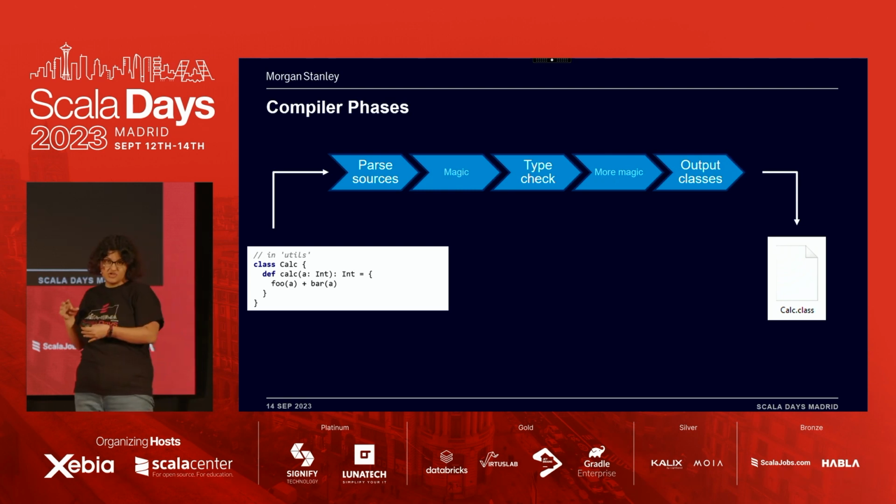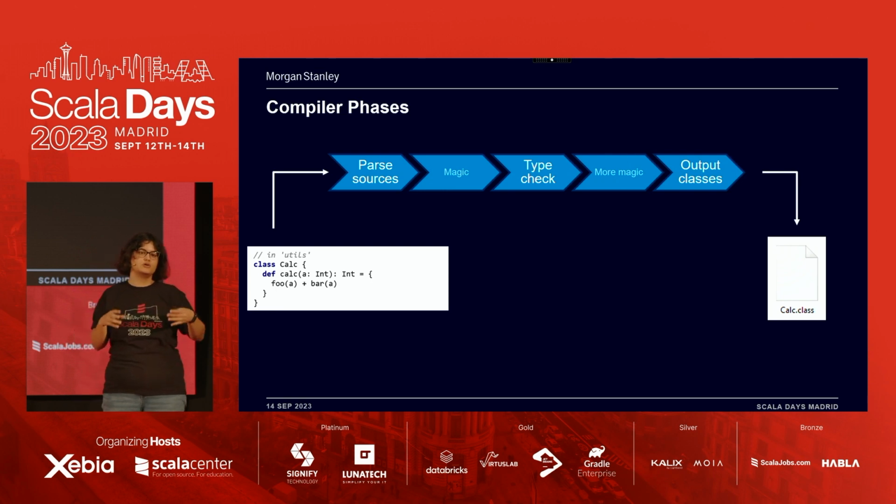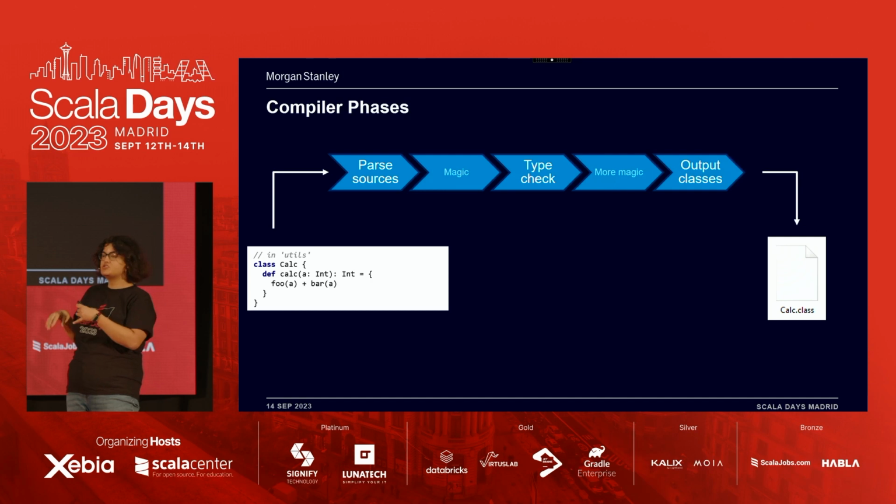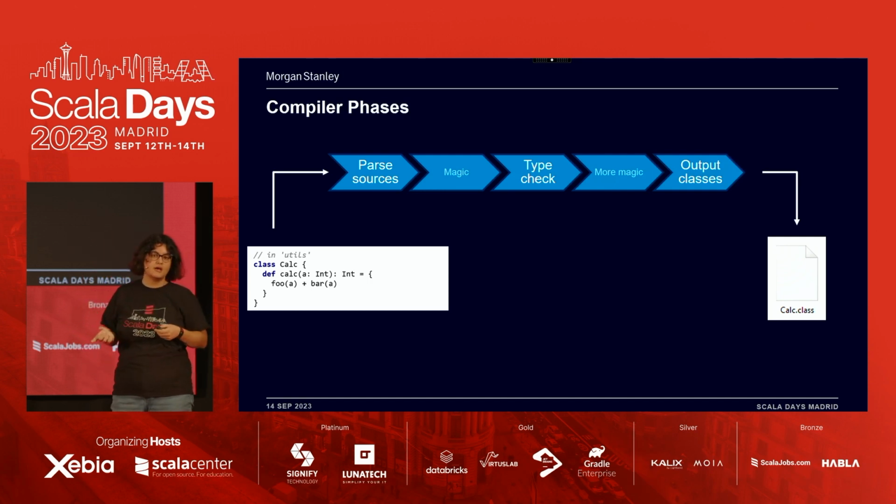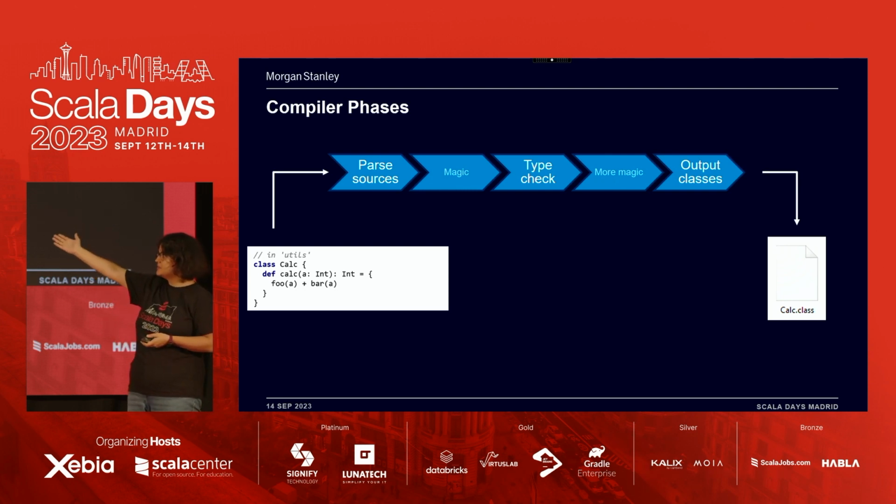It's going to do the type check phase, where it's going to make sure that our code makes sense, is syntactically correct. It's going to do a little bit more magic. And then it's going to produce these class files. And you can see that that's some example code from our scope utils, and that is going to produce class.class.